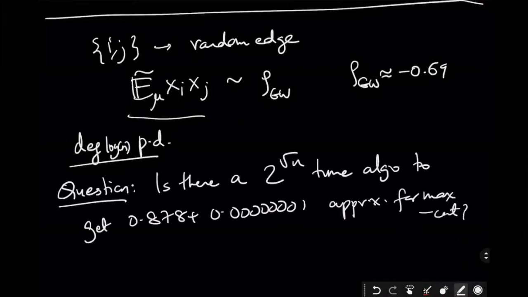We don't know if there is such an algorithm. In particular, one thing you could try is to start from a root n degree pseudo distribution and do something to it to get a degree 2 pseudo distribution where the pairwise correlations on average among the edges are far from rho GW in either direction, and then run Gaussian rounding, the same thing that we did today. That's a valid strategy to potentially attack this question, but we don't know how to do it.